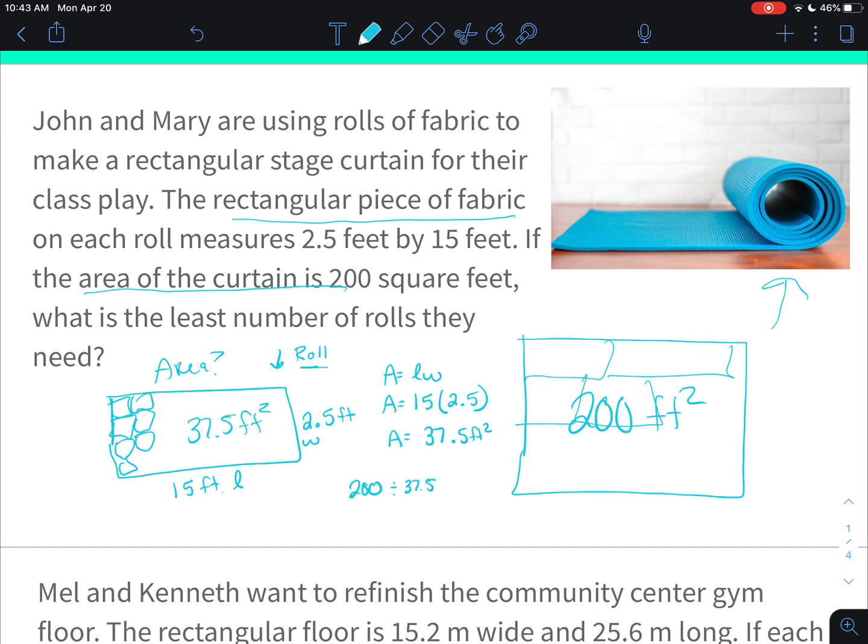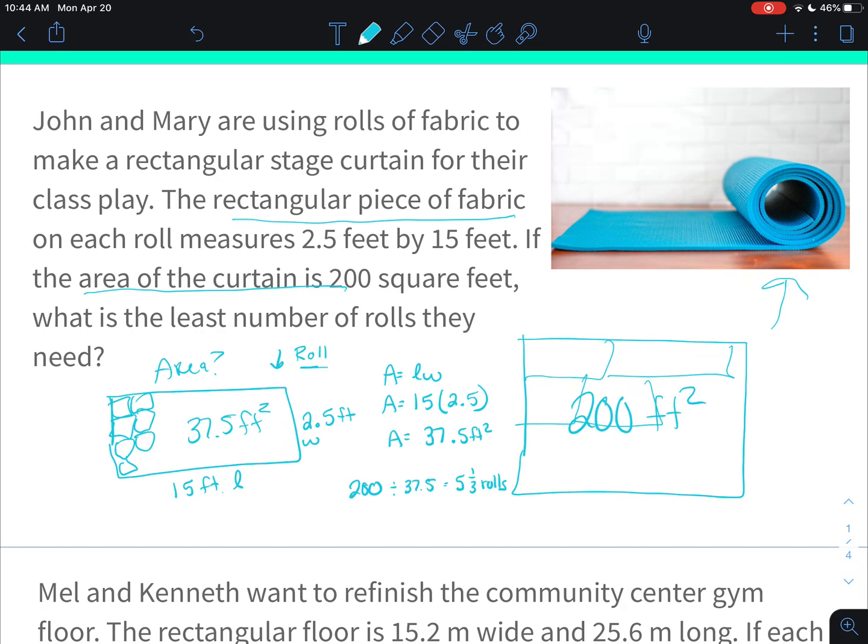So 200 divided by 37.5 actually gives you 5 1/3 rolls. This is where you actually have to stop and logically think about it. Am I going to need 5 rolls or am I going to need 6 rolls? Because I have to buy it by roll. You can't buy a third of a roll.